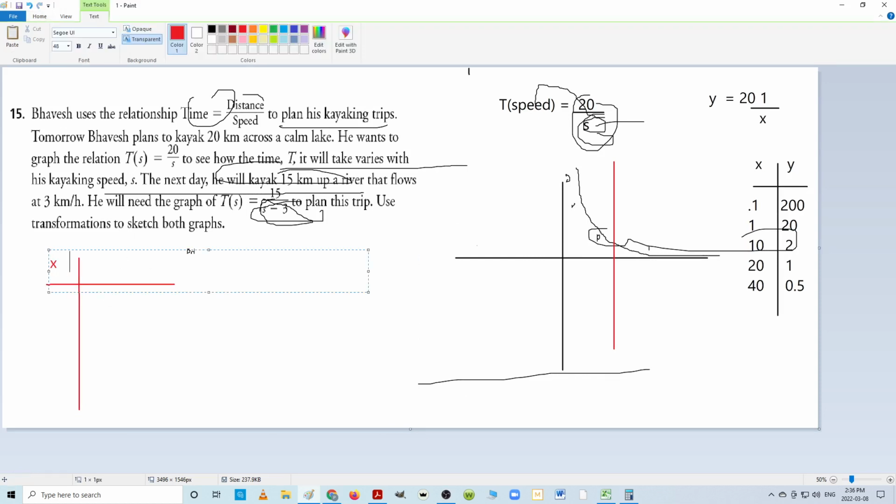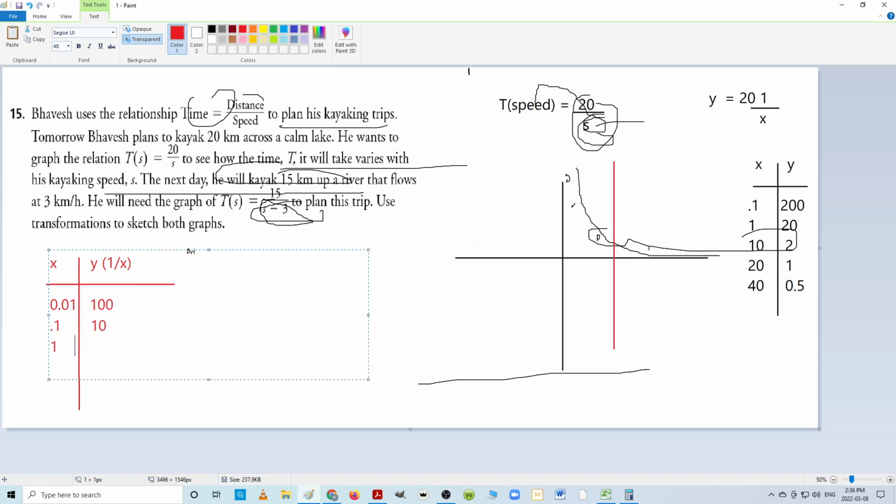And the parent graph is 1 over x, right? 1 over x. So I'll just show you what happens when x is really small, which is 0.1. Y is 10 times bigger. And actually we'll do this. When it's 0.1, 10.